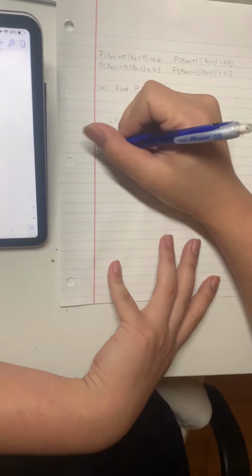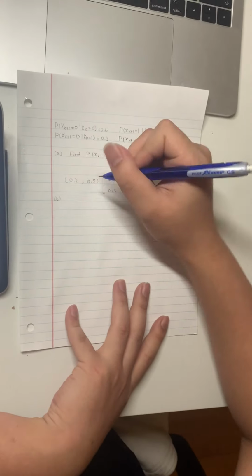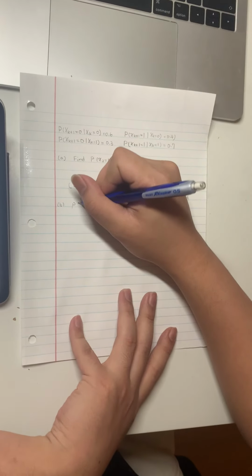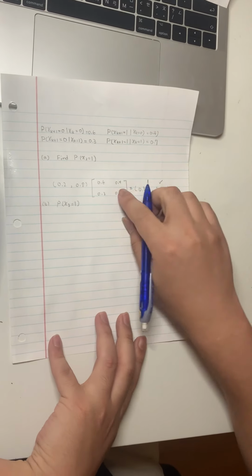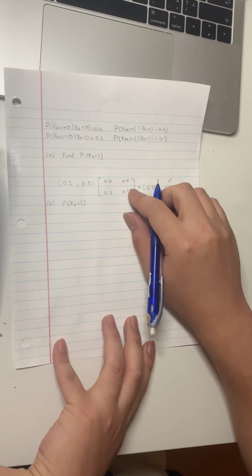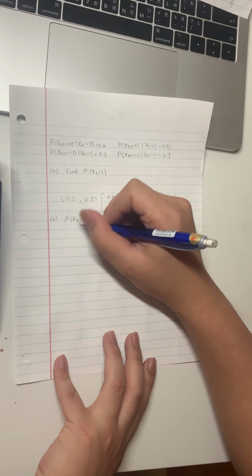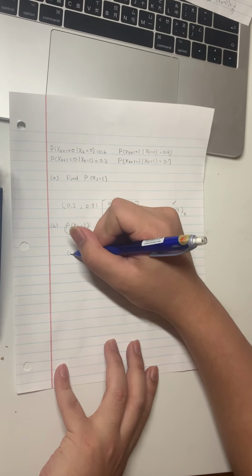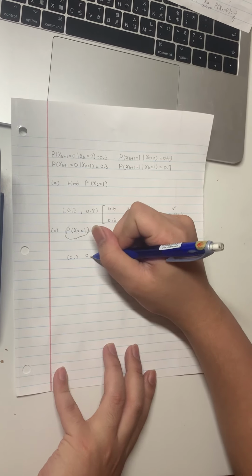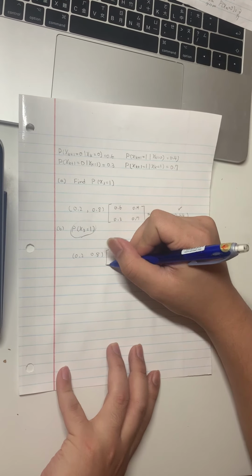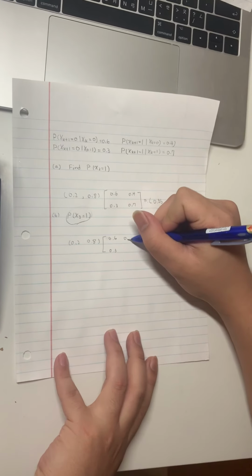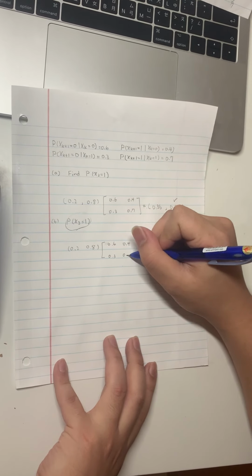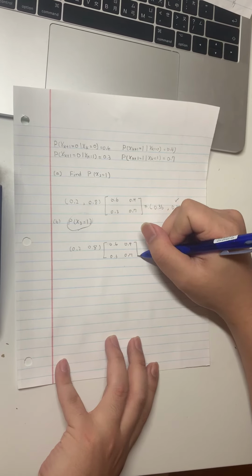And B is to find probability x3 equals 1. So we can square this second order matrix, and we can easily find out the answer of this one. So the same, 0.2, 0.8, and the second order matrix with power of 2.